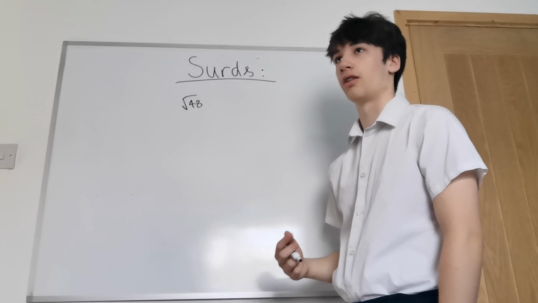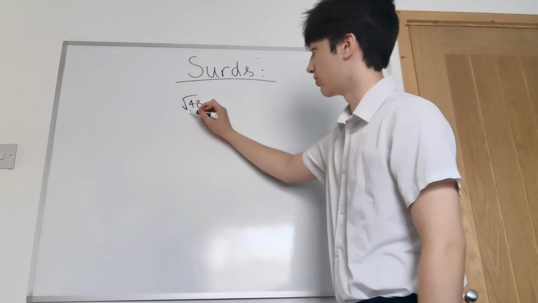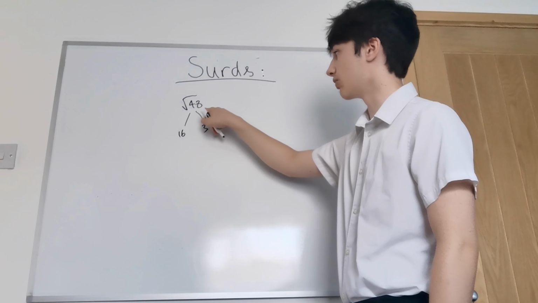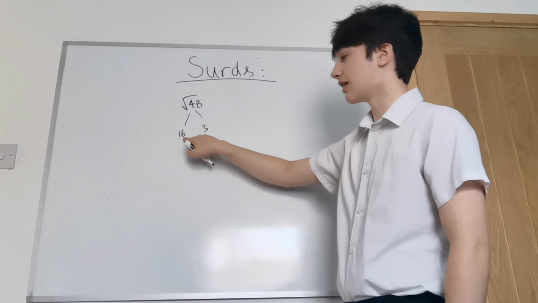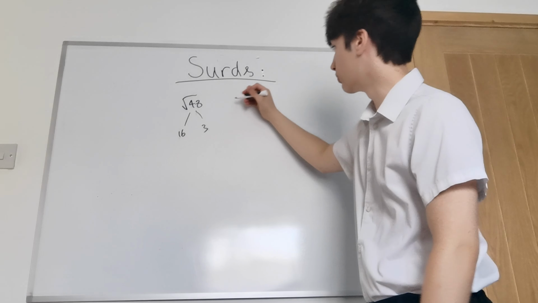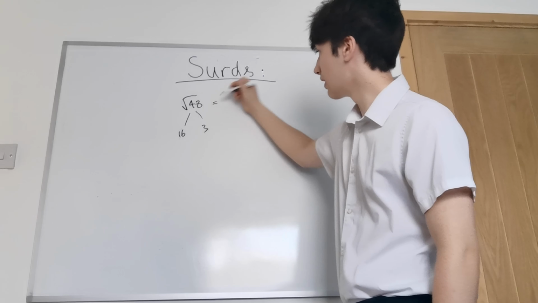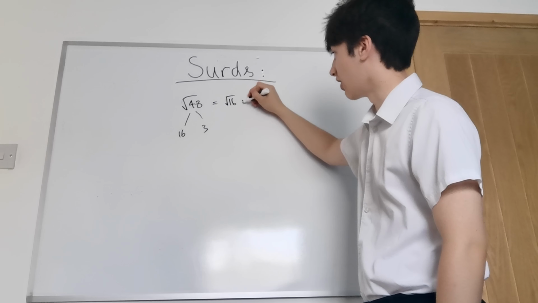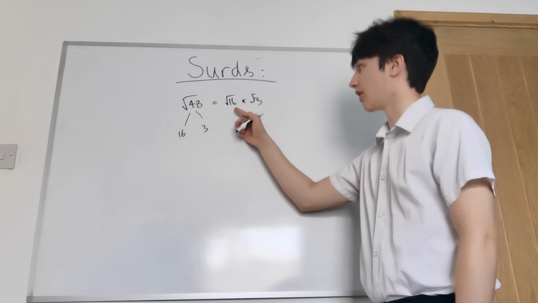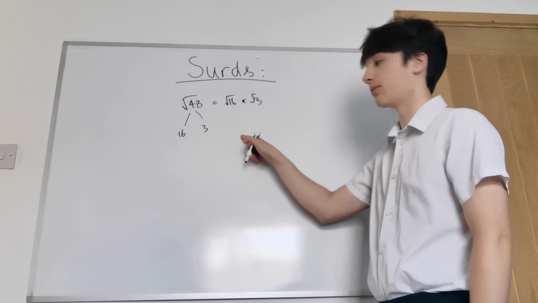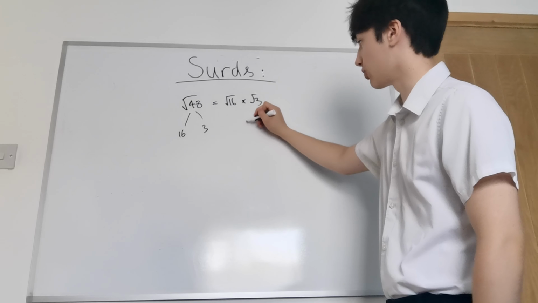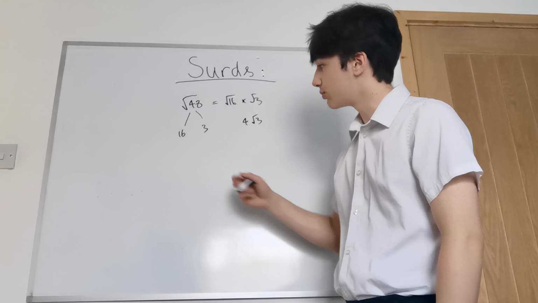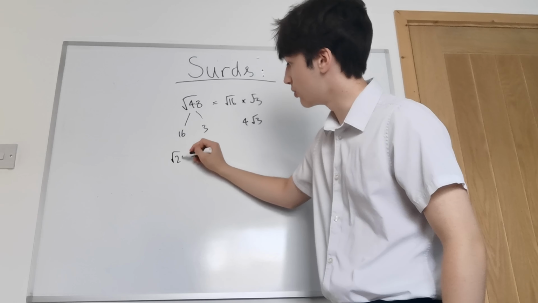If I think of my 3 times tables, 16 times 3 gives 48. 16 is a square number as we saw before, so root 48 is the same as writing root 16 times root 3. We know that root 16 simplifies into 4, so root 48 is the same as writing 4 root 3.